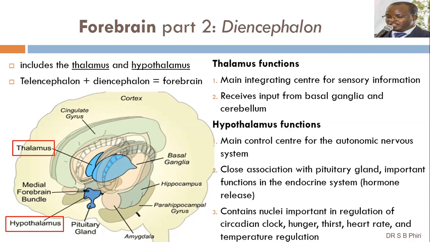The hypothalamus is the main control center for the autonomic nervous system, with a close association with the pituitary gland, and an important function in the endocrine system, the hormone release. You remember from endocrinology that the hypothalamus contains nuclei responsible for production of releasing hormones and inhibitory hormones that can stimulate or inhibit the release of hormones from the anterior pituitary lobe.